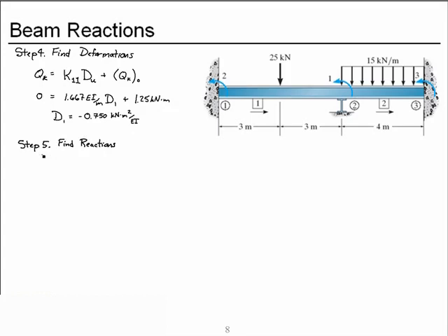And to do that, we use the equation where the unknown forces at constrained degrees of freedom or supported degrees of freedom equals K21, which are all of the coefficients from the structure stiffness matrix that are associated with forces at supported or constrained degrees of freedom due to deformations at unconstrained degrees of freedom.